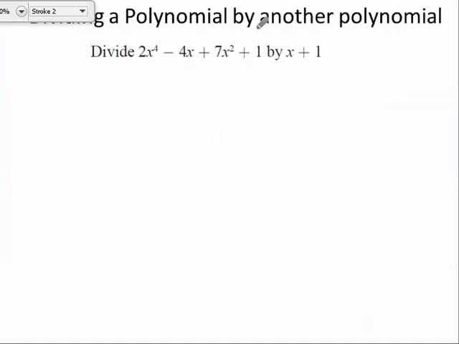Okay? So let's look at what happens when we divide a polynomial by a polynomial. I'm going to do it one more time. 2x to the 4th minus 4x. I want to get them in the right order.